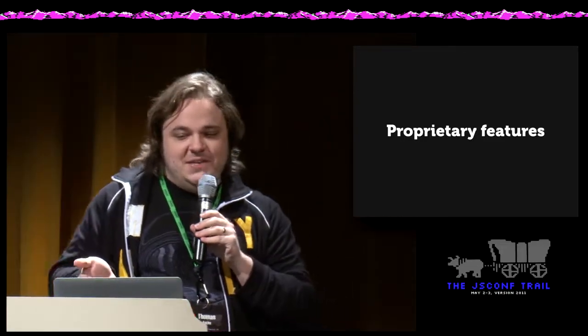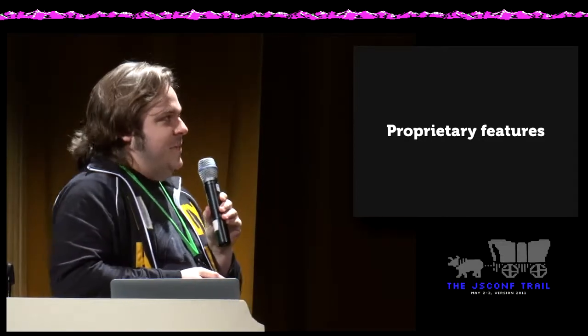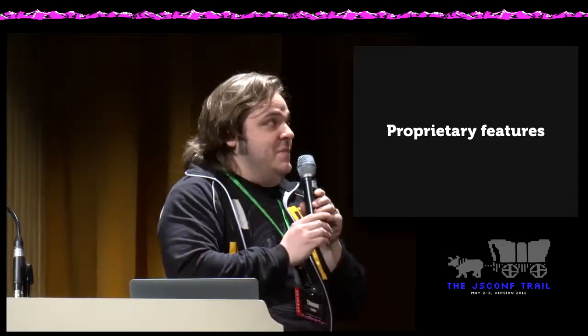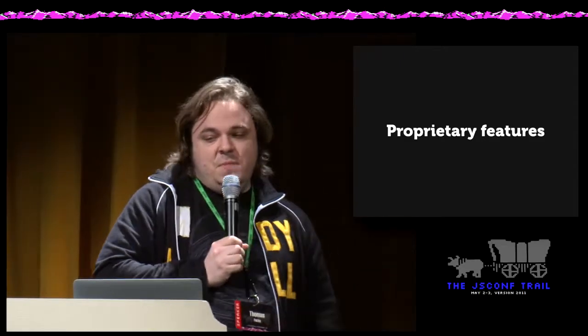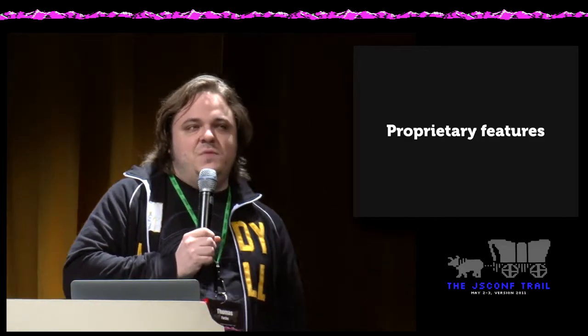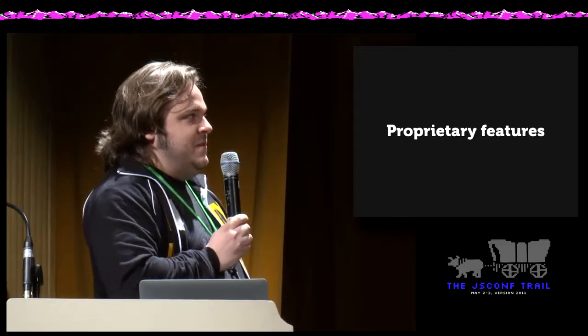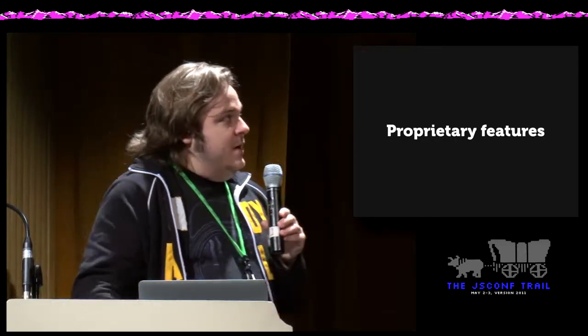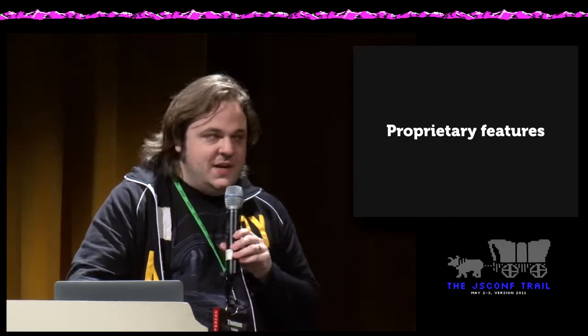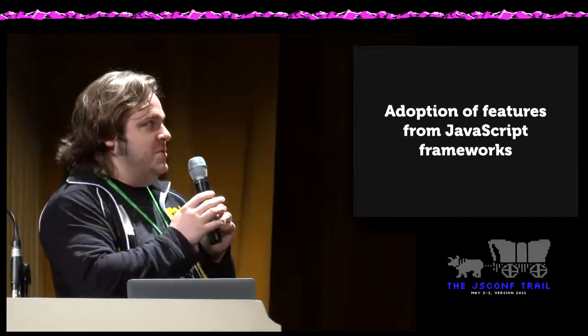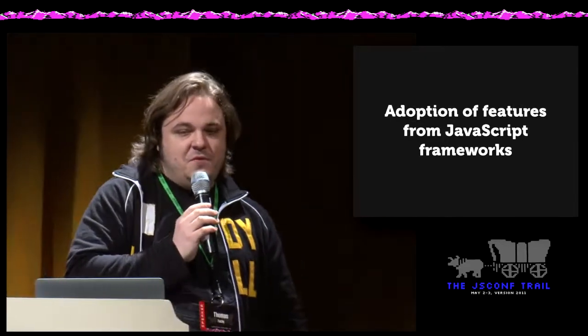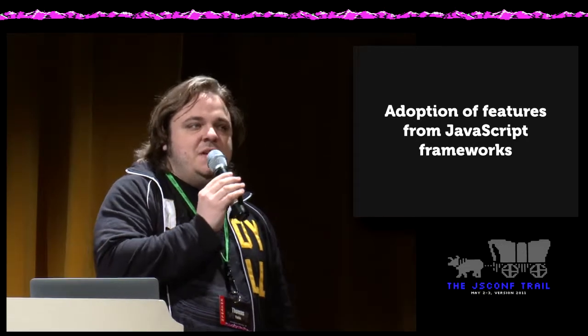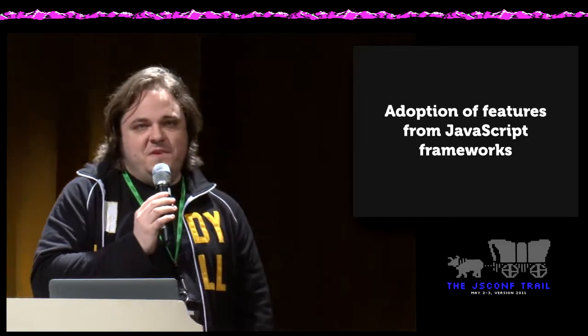It's like the new IE6, right? But actually, IE6 came with a lot of features that were really awesome. IE6 and the IEs before IE6, actually. And I think people don't realize that enough. Anyway, proprietary features are actually mostly adoption of features from various JavaScript frameworks. And that's why it's so important that we have awesome JavaScript frameworks.